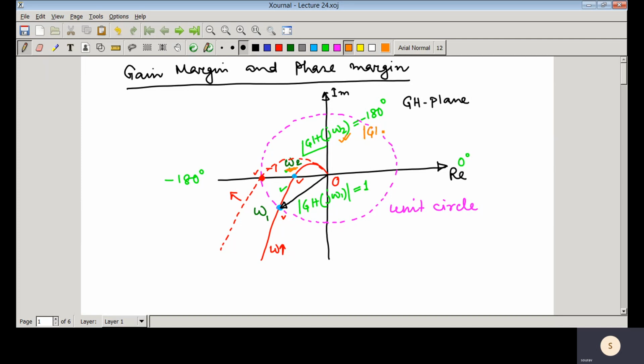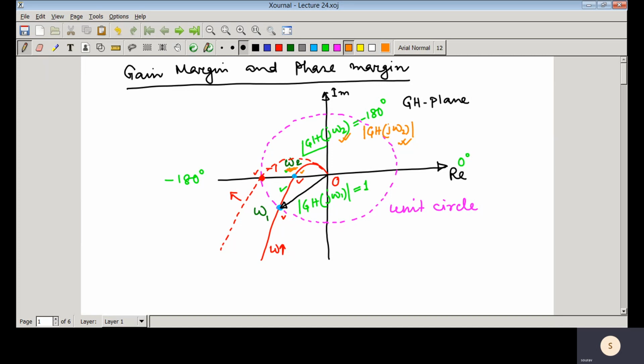So here that gain would be G(j omega 2). So this is that gain at this particular point. So now if we multiply that loop transfer function by the reciprocal of this gain, so that means GH(j omega 2) into 1 by GH(j omega 2), then that gain would be actually 1.